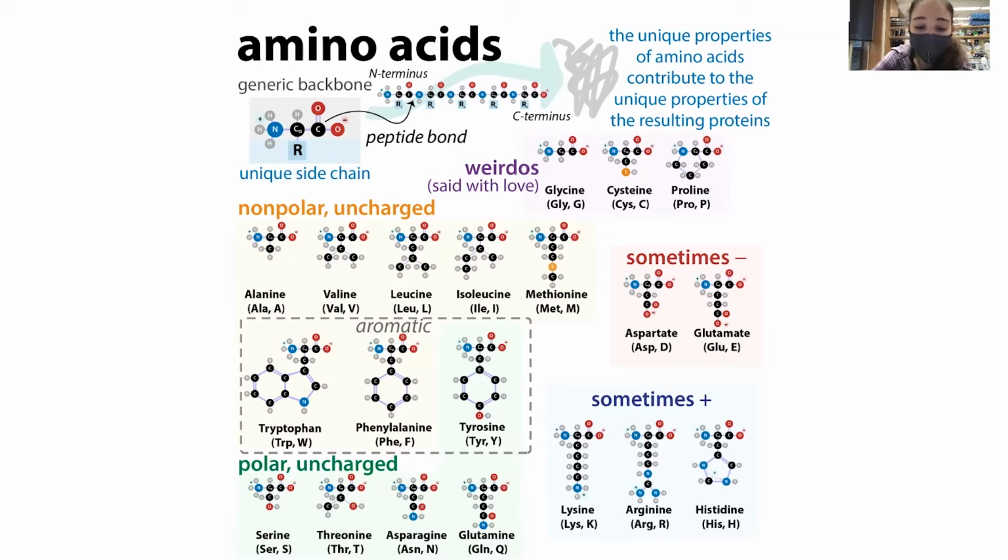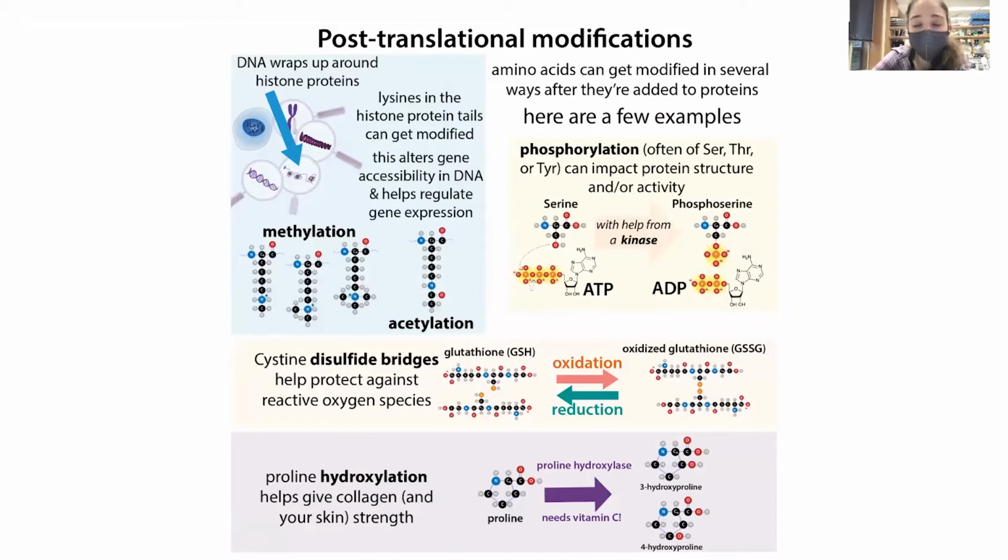There are definitely ways that you could modify amino acids. We've talked about post-translational modifications that you could do to an amino acid. Depending on the amino acid, you could methylate it, acetylate it, adding these CH3 groups or this acetyl group, a carbonyl carbon double bonded to a methyl. You can phosphorylate some of them, with this phosphate group.